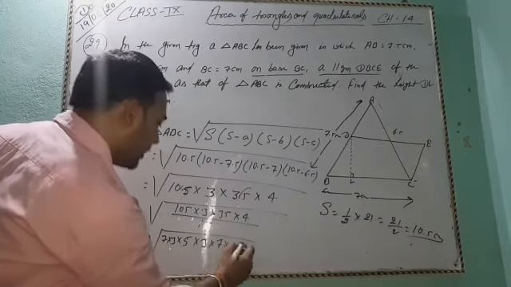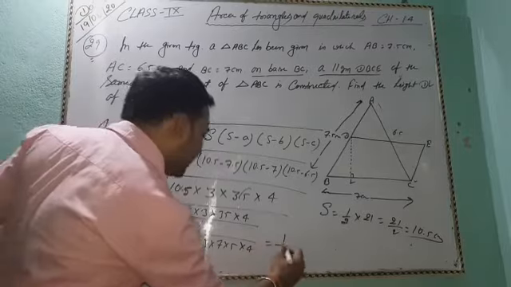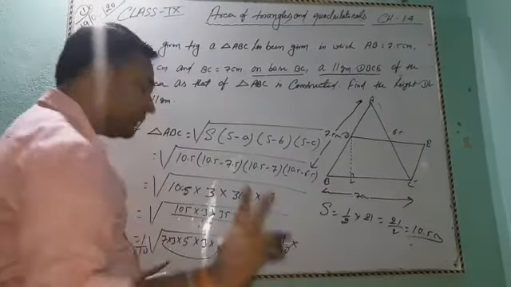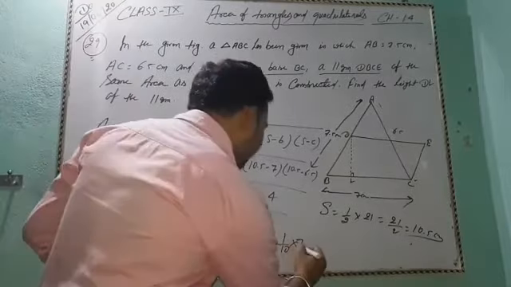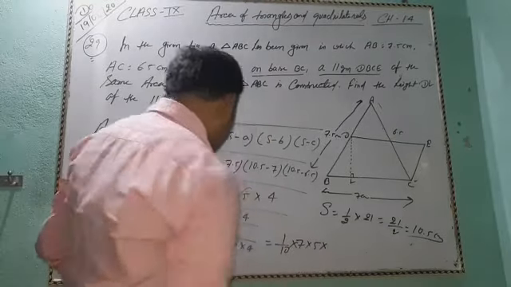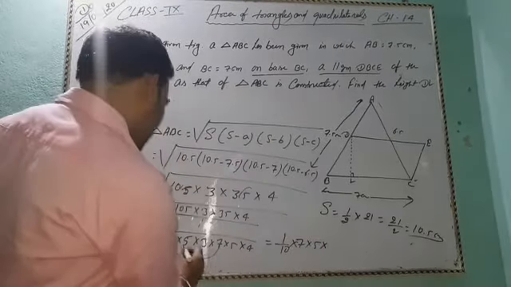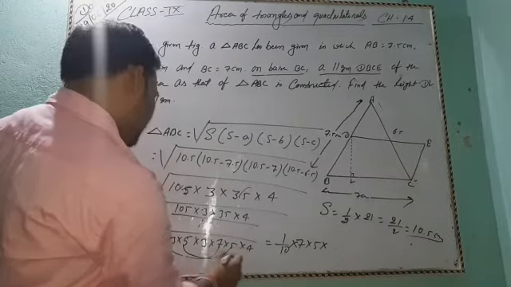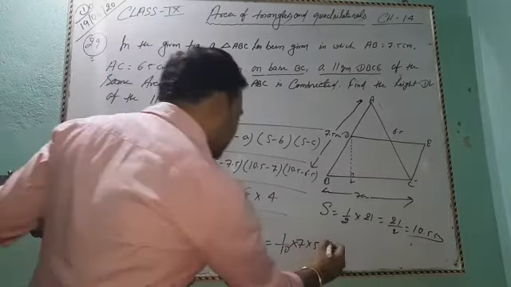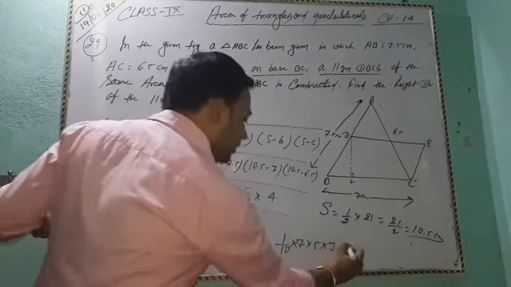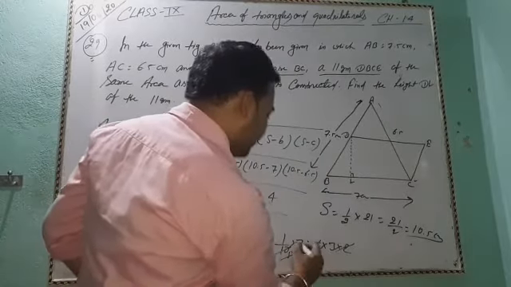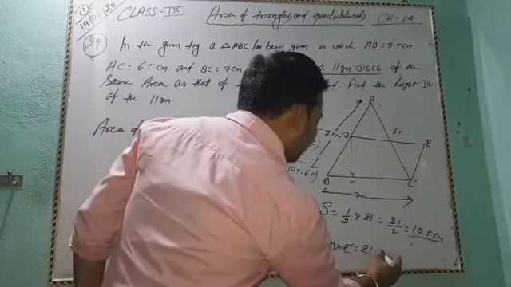And 7 multiplied by 5 multiplied by 4, so 1 by 10 multiplied by 2 7, 1 7 is out, 2 5 for 2 1 5 is out, 2 5 and 2 3 for 1 3 is out, and for 4, 2. So 5 5 is 10, 7 3 is 21 square centimeter.